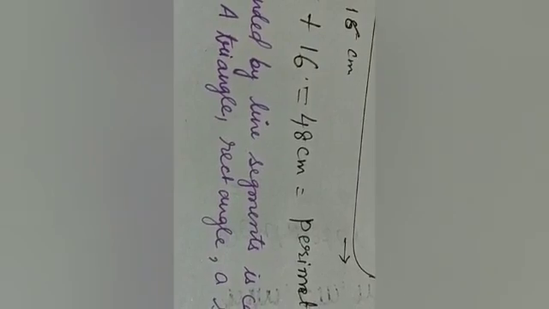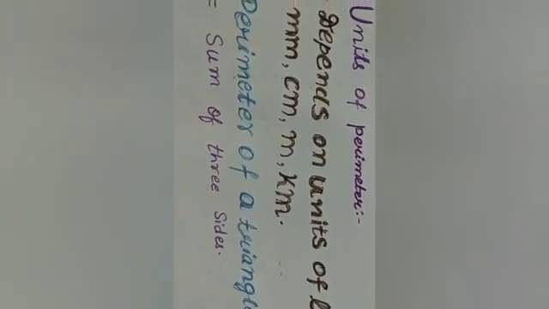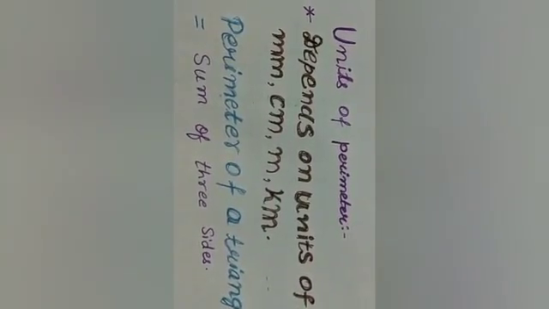The perimeter will be the sum of all its sides. So the unit of the perimeter depends upon the units of length, that will be either in millimeter, centimeter, meter, kilometer and so on. Now let's see what will be the perimeter of a triangle. The perimeter of a triangle will be the sum of its three sides.